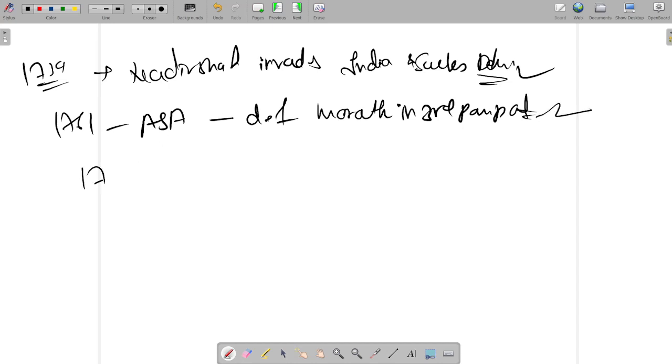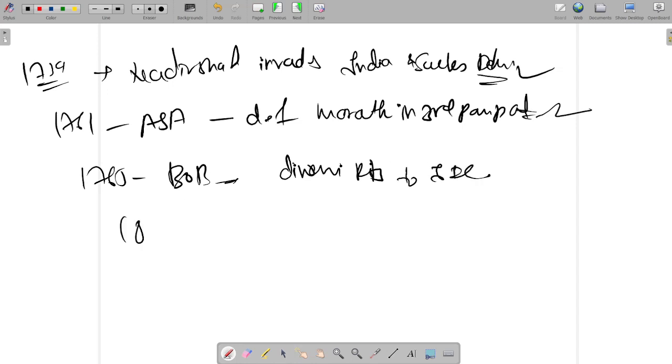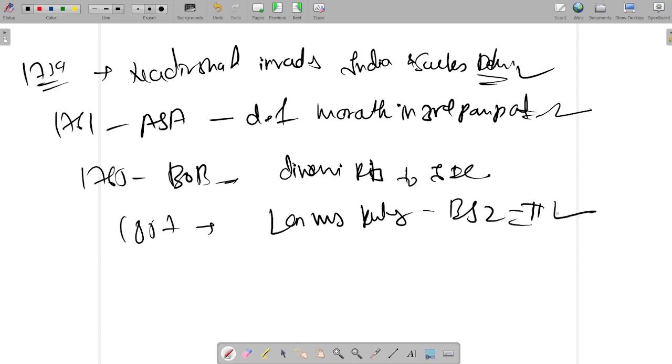In 1765, the Battle of Buxar led to Diwani rights for the East India Company. In 1857, the last Mughal ruler, Bahadur Shah Zafar II, was deposed by the British and sent to Rangoon.